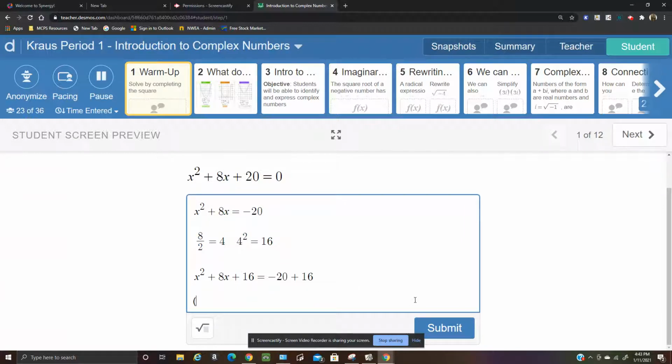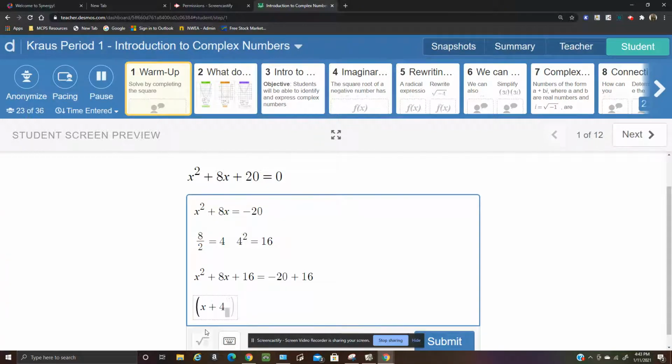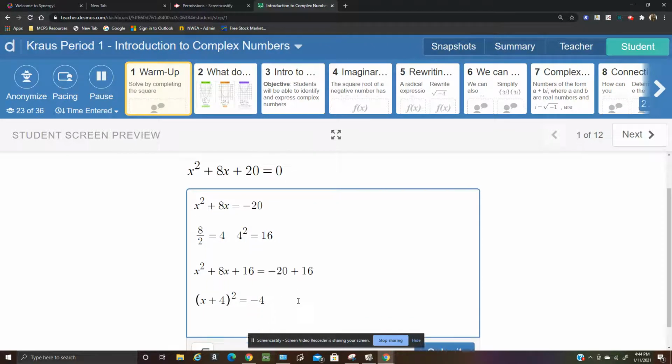And then square or factor the left. And take the square root of both sides.